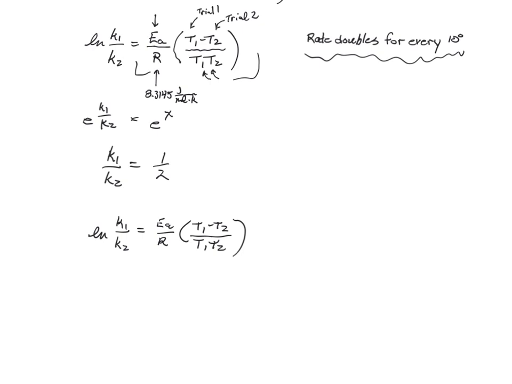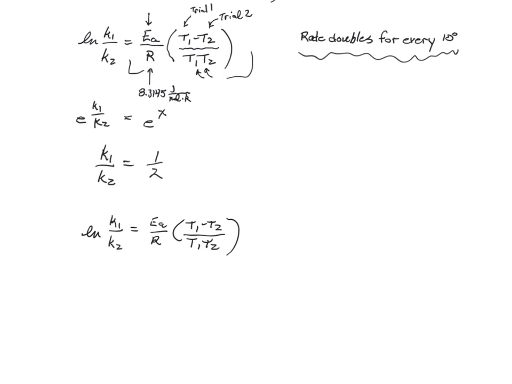Okay, what we're being asked is to look at a set of conditions and figure out what the rate constant is going to be at another set of conditions. So you could use your activation energy that you calculated from the slope of the line and everything.